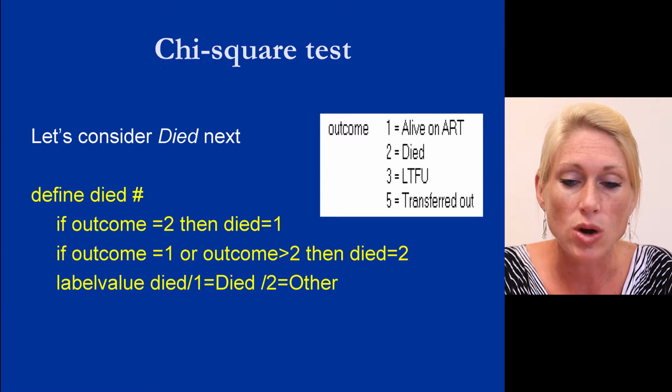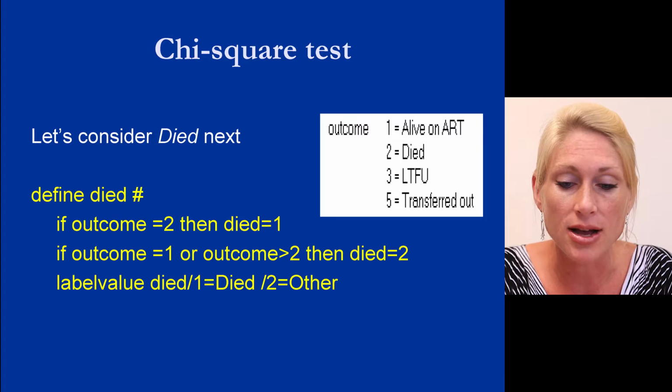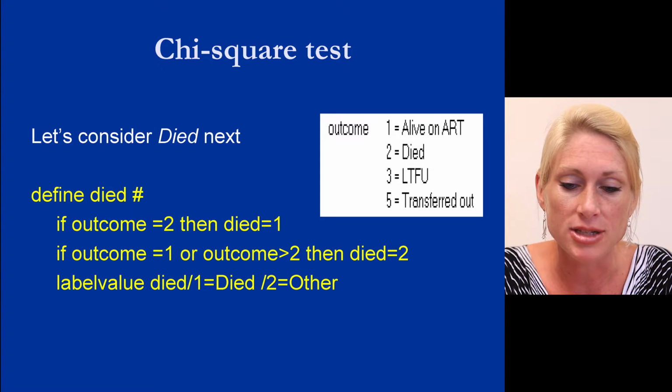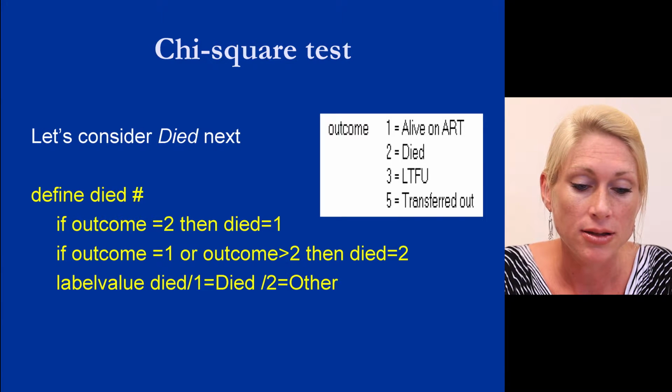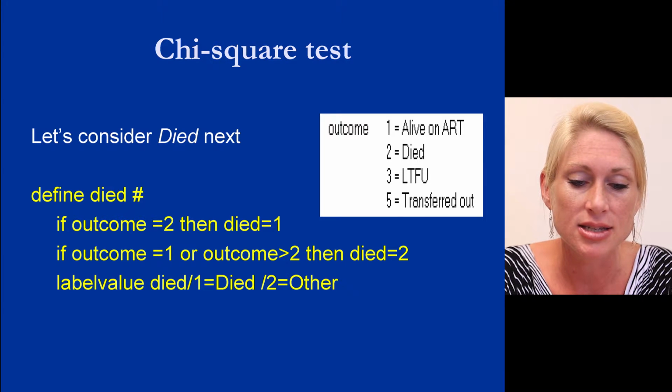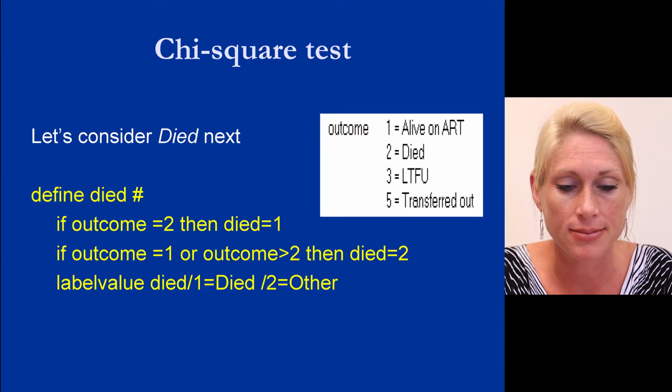If outcome is 1, i.e. the patient is alive on ART, or if outcome is more than 2, i.e. the patient is lost to follow-up or transferred out, then our new variable died is going to take the value 2. We provide a label value command here, label value died /1 equal died space /2 equals other.